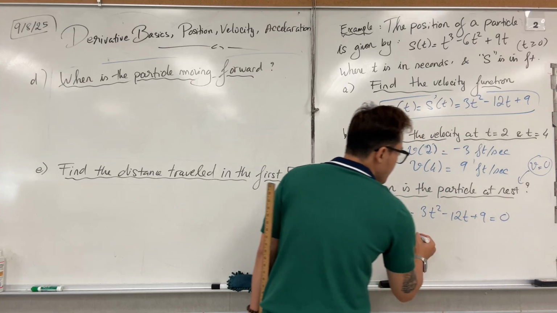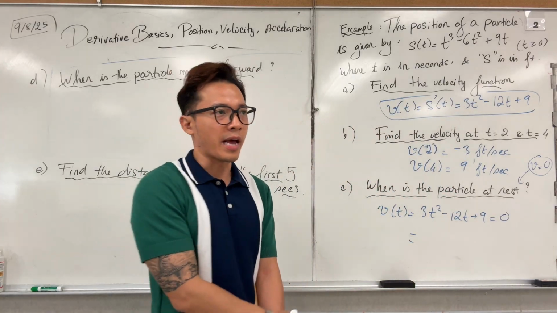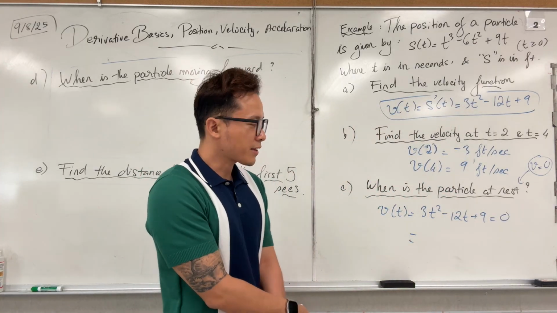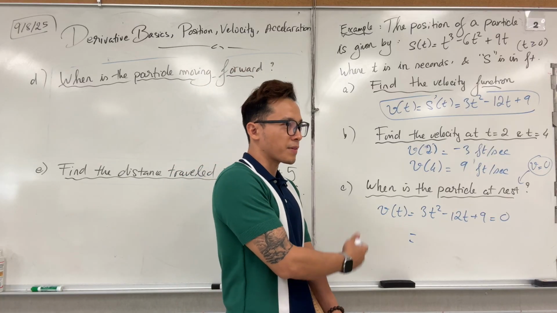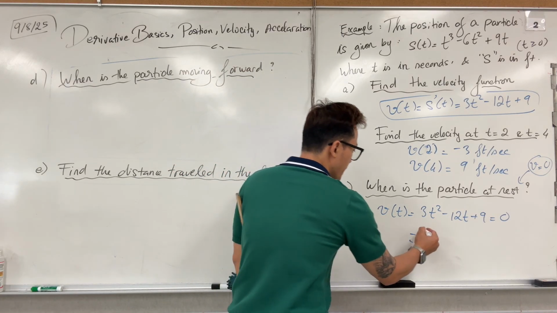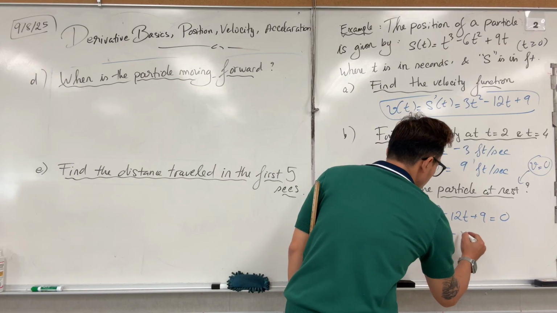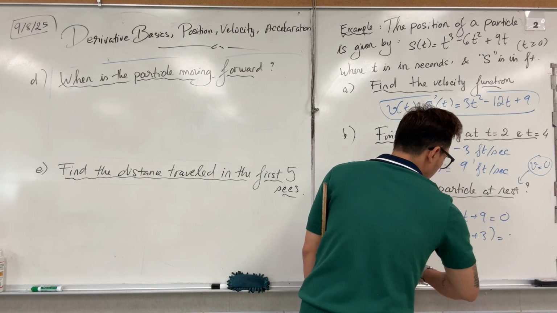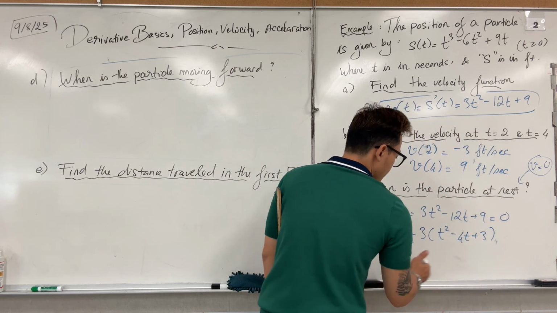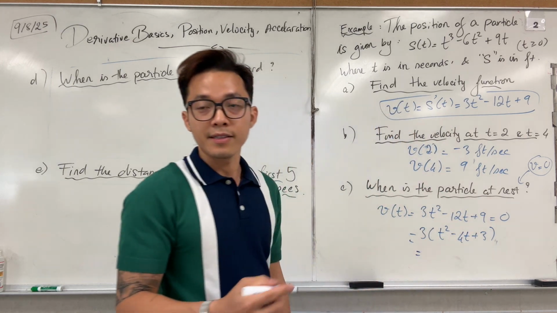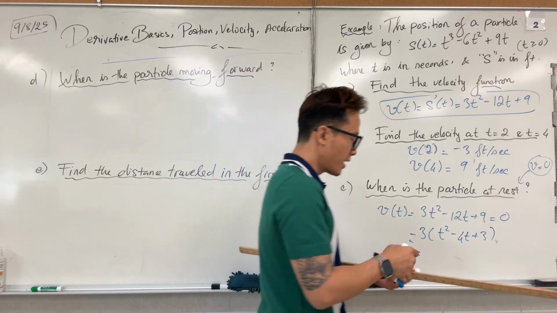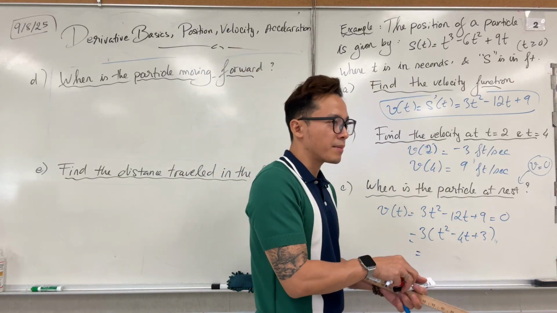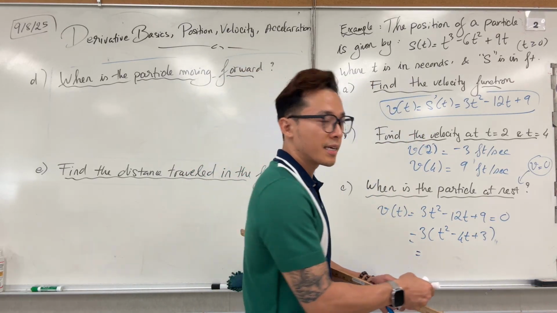how do you solve this? Factoring. We have done a lot of factoring. Factor the 3 out. You have t squared minus 4t plus 3. What next? Do you remember how to factor this? Two numbers that multiply to get 3: 3 and 1.